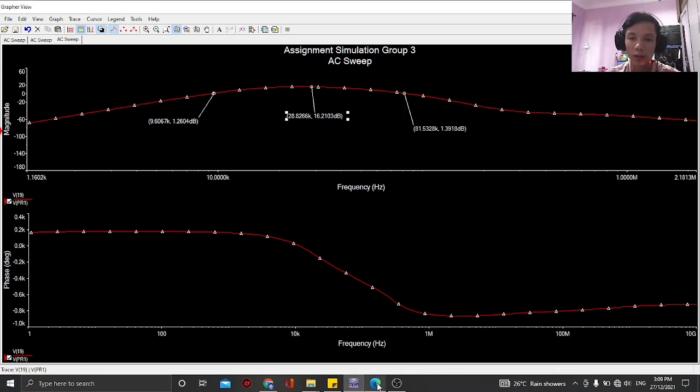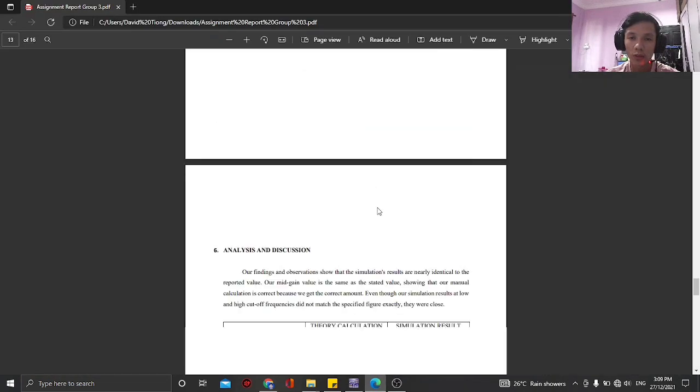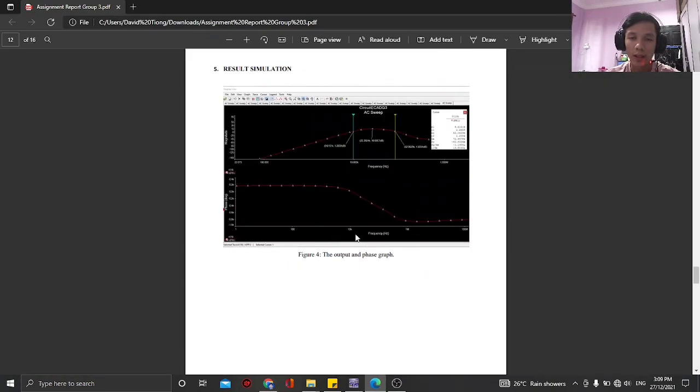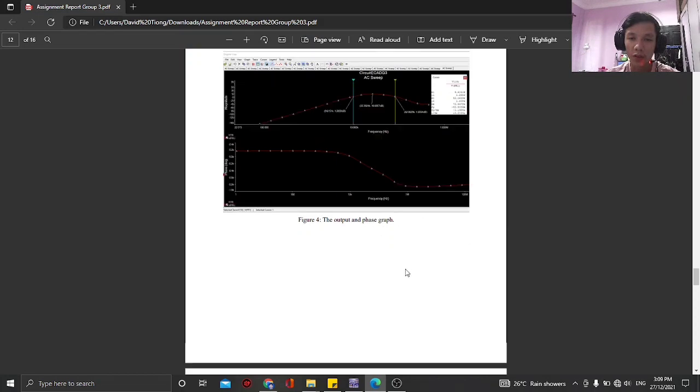So this is our circuit simulation, and we proceed to the output and phase diagram and the phase frequency.